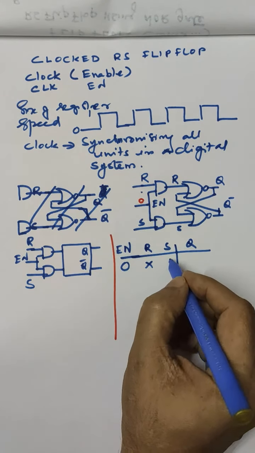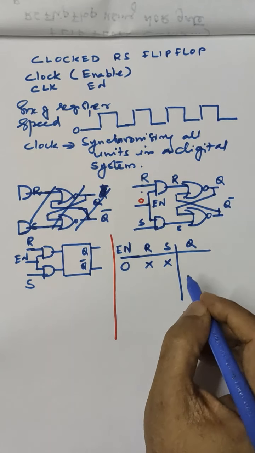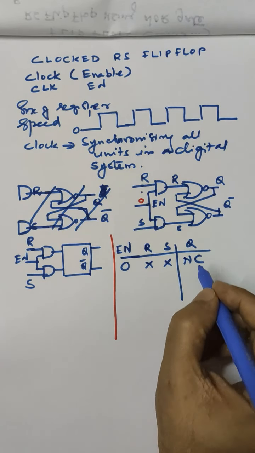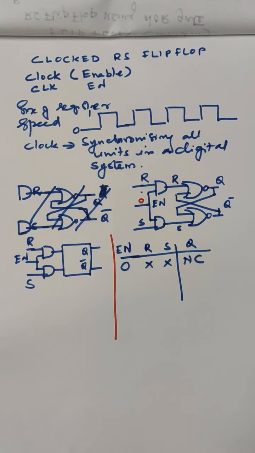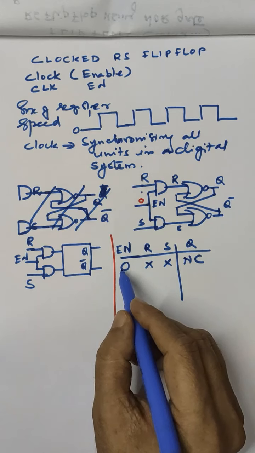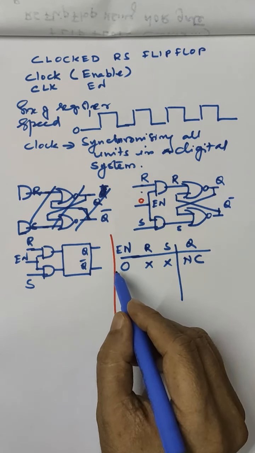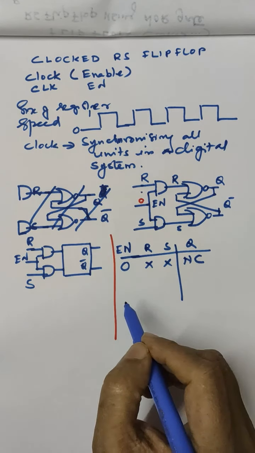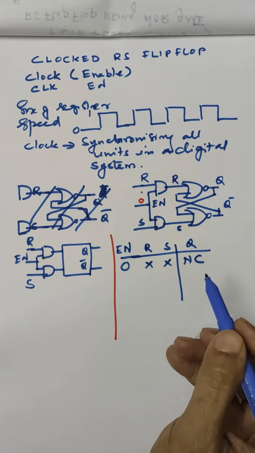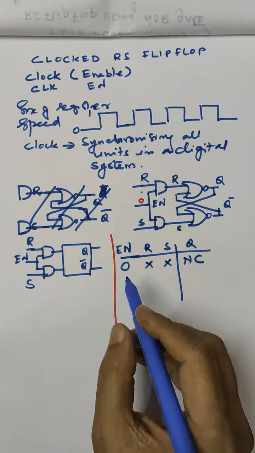So you can put X. It retains the last state, that is no change. NC stands for no change. So we can say that the flip-flop is in the disabled condition. The changes in the input will not affect the output.